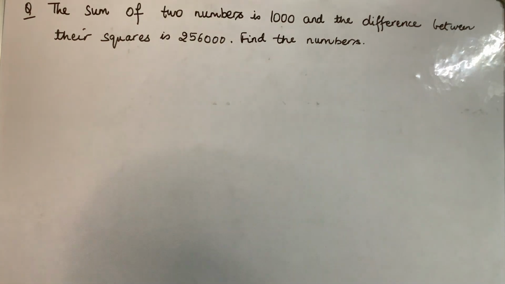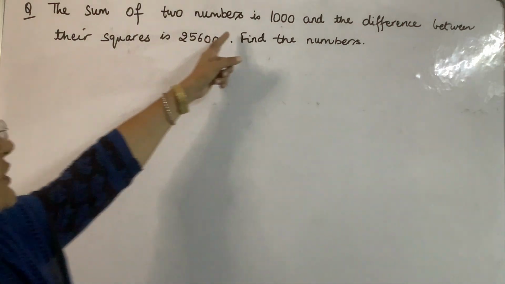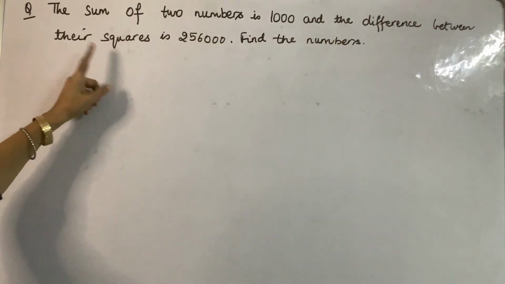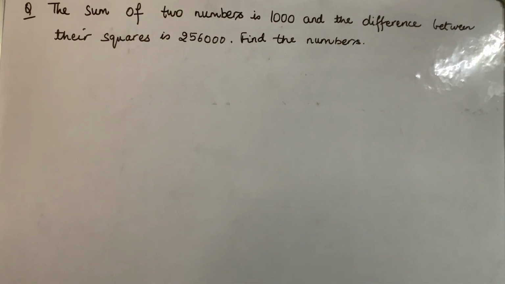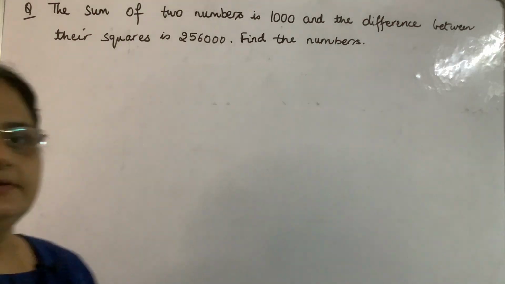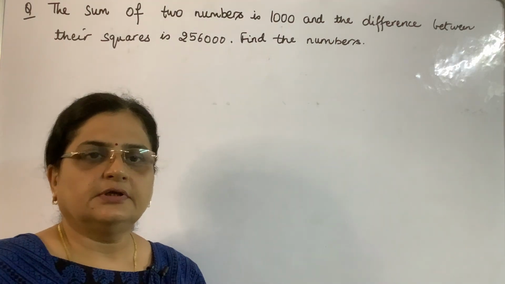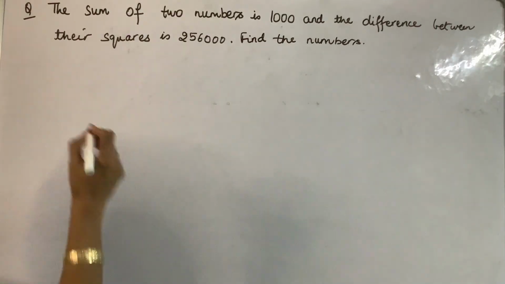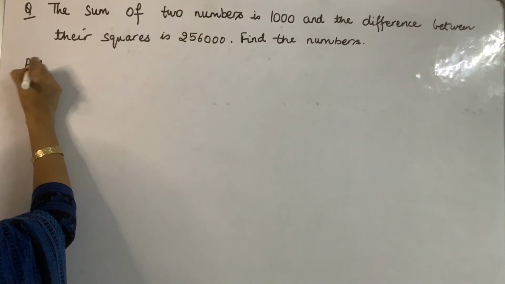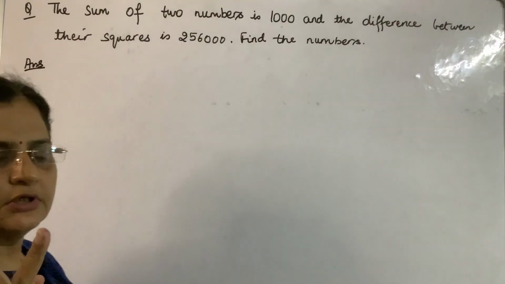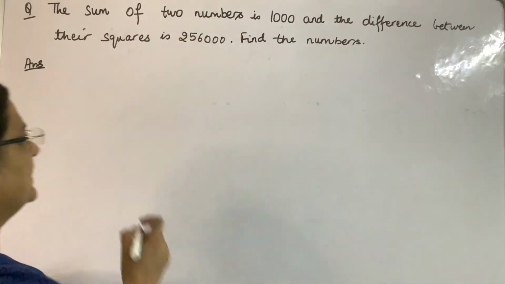The first question says the sum of two numbers is 1000 and the difference between their squares is 256000. Find the numbers. So as usual, because there are two unknowns, this will be an equation in two variables.